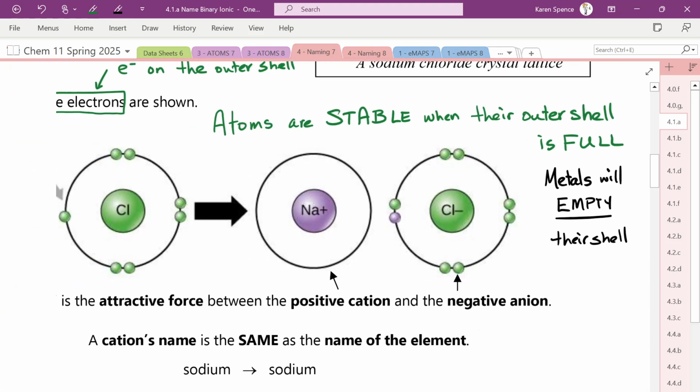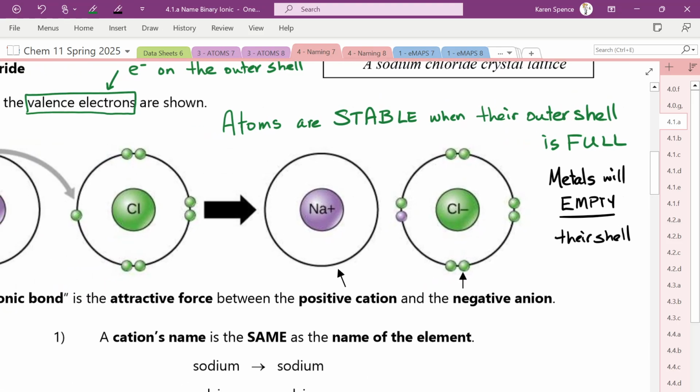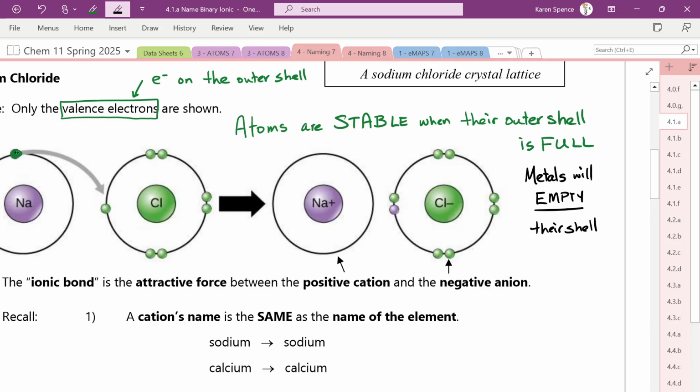And if they empty their shell, what that means is that their electron goes away. Na loses an electron. Yes? And if it loses an electron, it becomes Na plus.